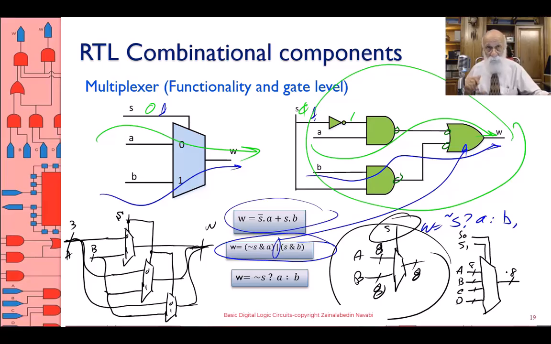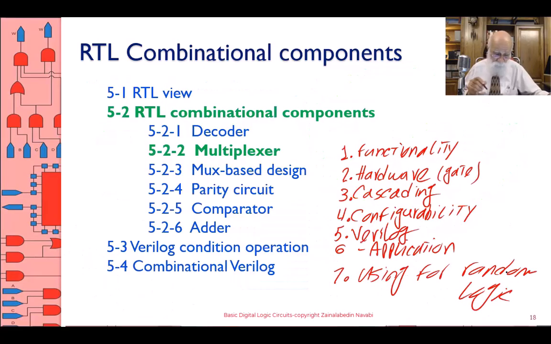And now let's go on with the multiplexer. What we promised with the multiplexer was we talk about functionality, gate level hardware, cascading, which we did. Configurability, there is really not much configurability in multiplexers. Cascading you do, and that's it. Verilog description we did. We're gonna revisit Verilog description later on again.